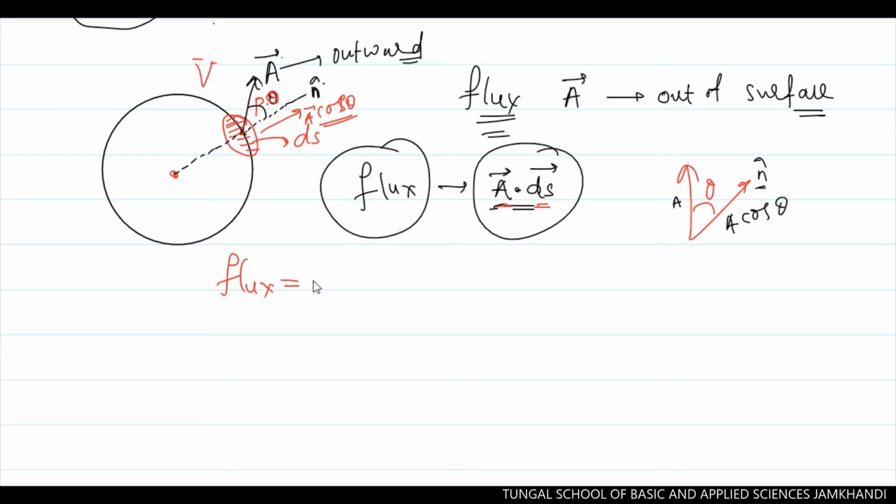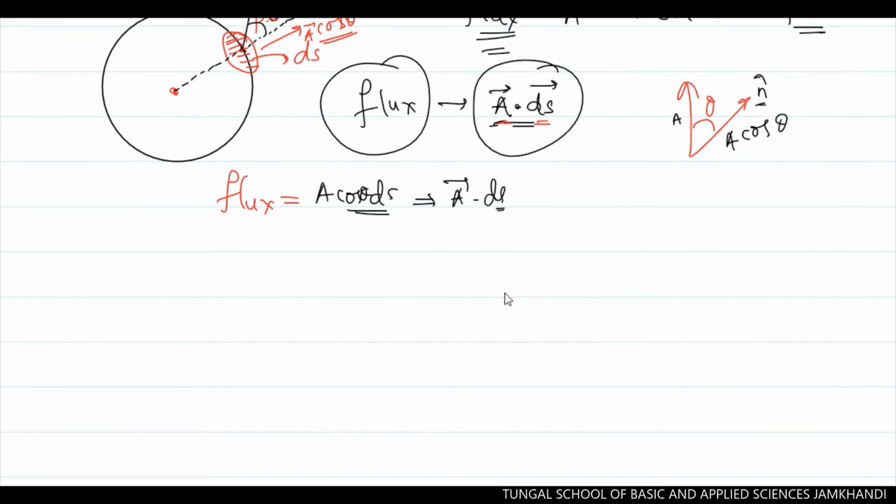That's why we define the flux as A cos theta ds. Hence this is nothing but the flux that I define as A dot ds. Now if this theta is 0, we define that flux as A ds only, right?